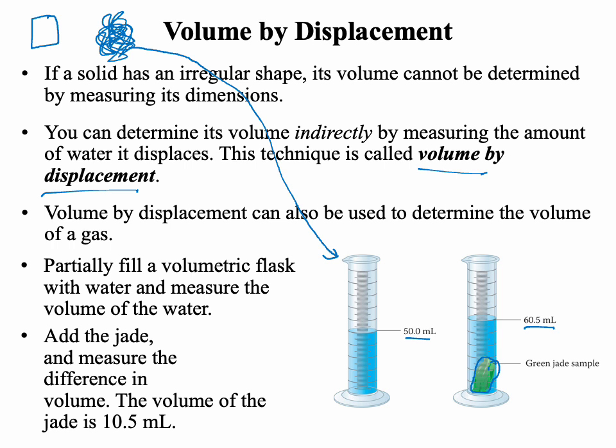Now, finally, it is 60.5, which means the volume of my object is the change in volume, which would be 60.5 minus 50.5, which is 10.0 ml. Oops, sorry, not 50.5. This was 50 ml, 50.0. So that would be 10.5 ml, and you're done.